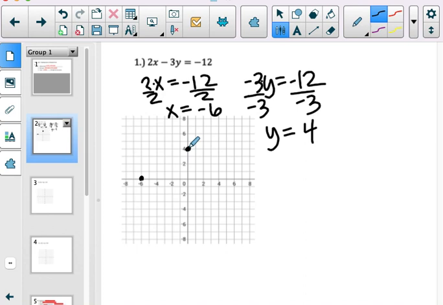So we're going to, again, step 3, connect or draw a line through those intercepts. And that is all that we're doing. Finding the intercepts, taking negative 6 and putting it on the x-axis, taking 4 and putting it on the y-axis. Because we solved and found the intercepts. What questions do you have right now from that first example?